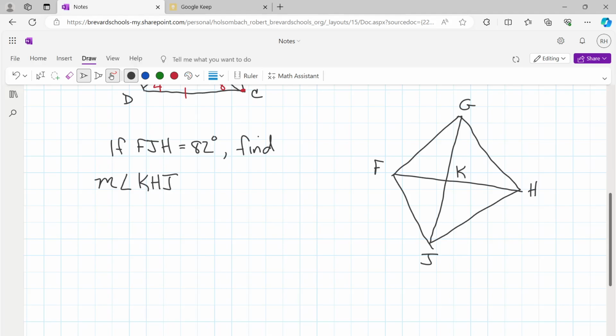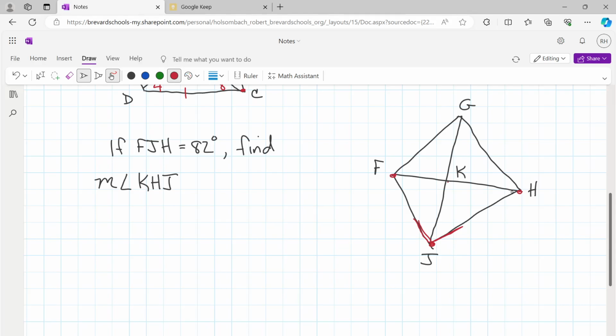All right, FJH. If we start at F and we go down to J and then up here to H, we've got this angle. And that whole angle is 82 degrees. And you need, or we need, the measure of FJH. No, I'm sorry. We need the measure of KHJ.